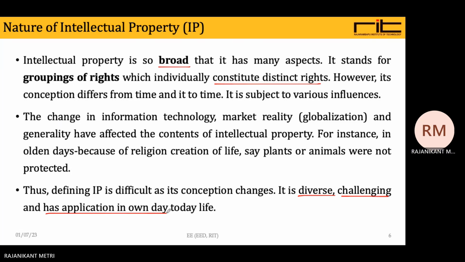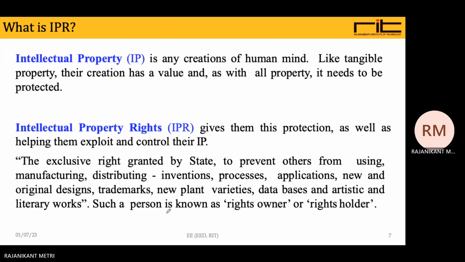And we try to define intellectual property and then intellectual property rights. So intellectual property is any creation of the human mind. In simple words, you can define it as any creation of the human mind. So we have seen that some product is designed by some person.